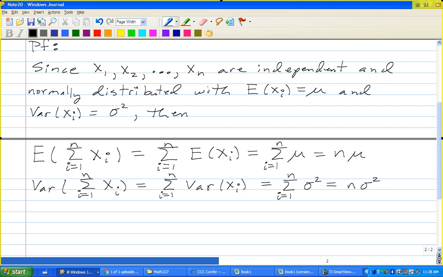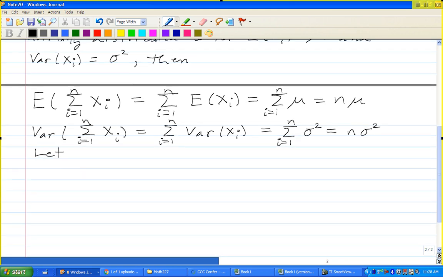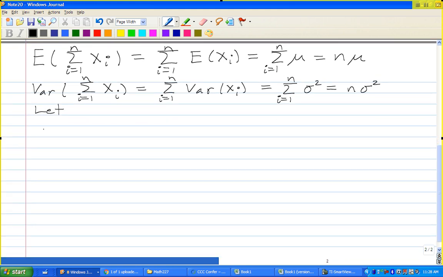So now let yi equal xi minus mu over sigma.